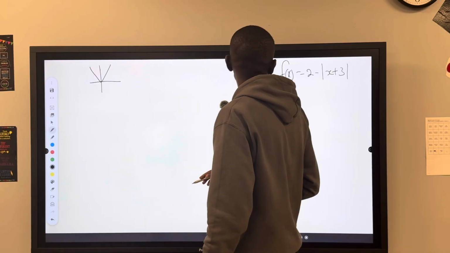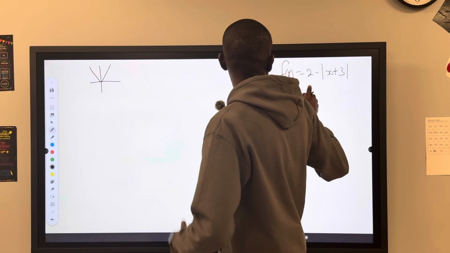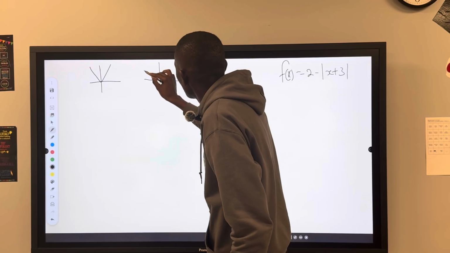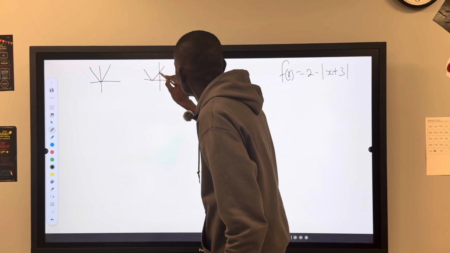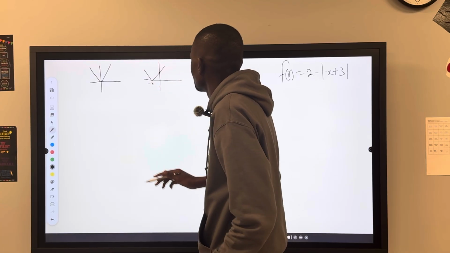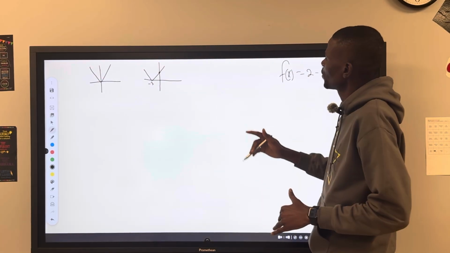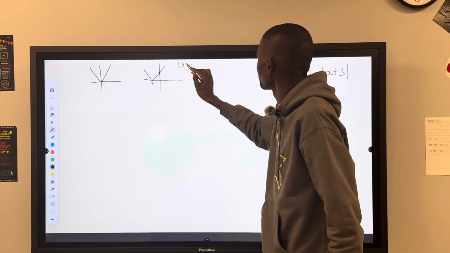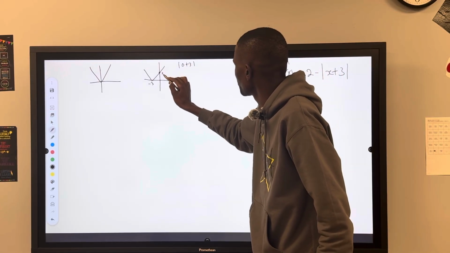It's at the origin. Then plus 3, we are moving 3 to the left. So when we move 3 to the left, I want us to pay attention to the y-intercept and the x. Here the x is good because it's just -3. So the y-intercept, when x is 0, we are saying absolute of 0 plus 3, which is 3.